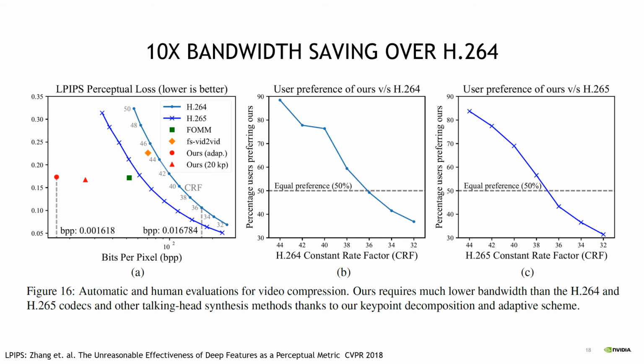We compare ours, which is a single point, to different sets of videos produced by different CRF numbers of H264, and we find that our method is roughly comparable to CRF 36, and 36 is about 0.016784 bits per pixel, and ours is about 0.001618, so about a 10x improvement.